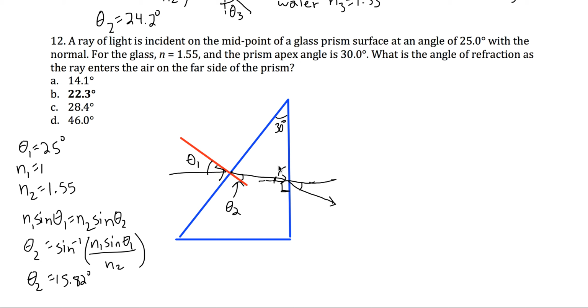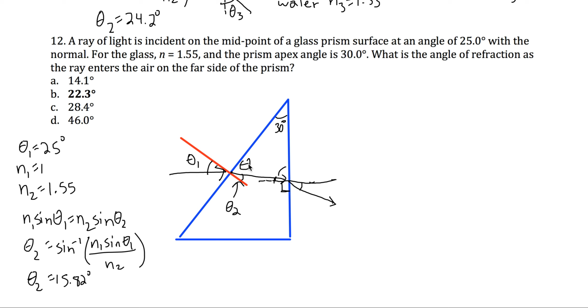To find this angle, I need to figure out my three angles here at my triangle. We know that we always have 180 degrees in a triangle. So if I knew this angle and I know 30, then I could find this one. So my first step is to actually figure out what this angle is right here.